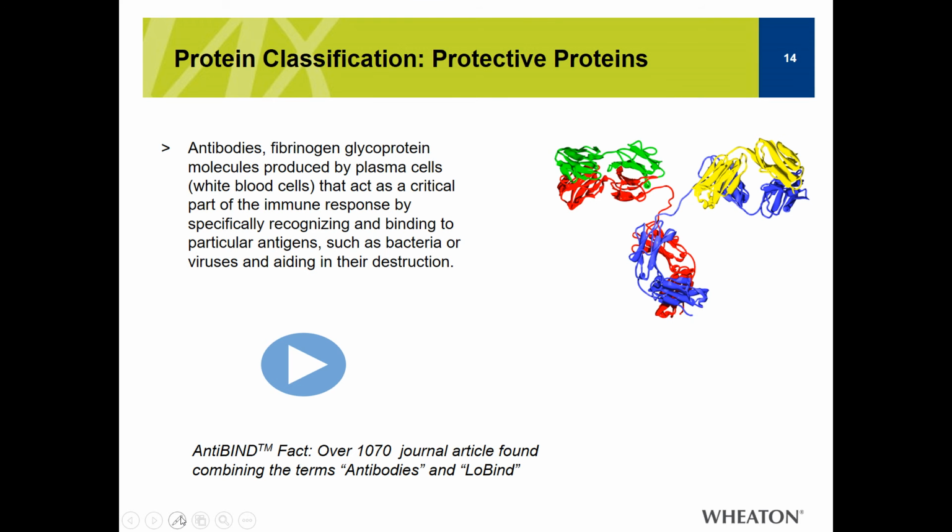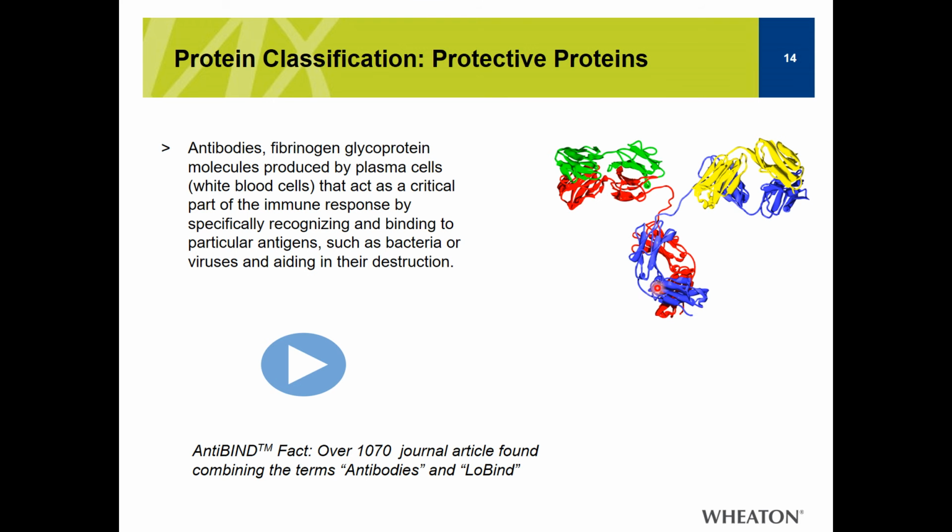Now, antibodies have been studied extensively, and every antibody will have a heavy chain, a light chain, and a variable region. This variable region is the one that recognizes a specific antigen. So for each bacteria, there is an antibody that can recognize it.